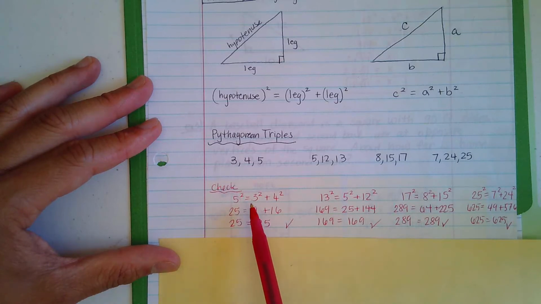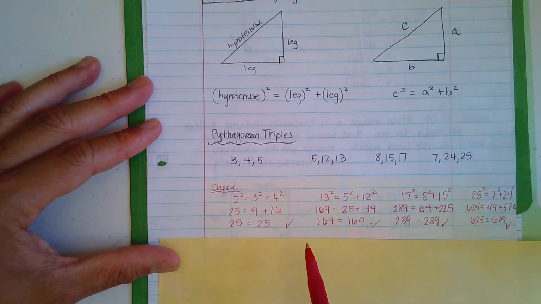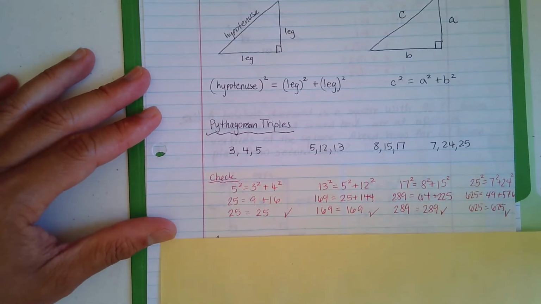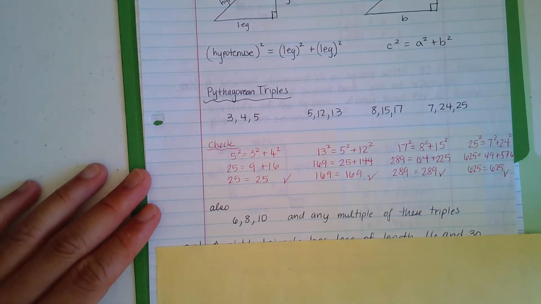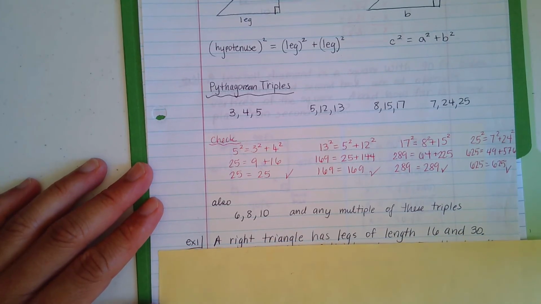So 5 squared equals 3 squared plus 4 squared, 25 equals 25. 17 squared equals 8 squared plus 15 squared, 289 equals 289. That's why it's important to identify the longest side so you know what to use for your hypotenuse. 6, 8, 10, and any multiples of these triples are considered Pythagorean triples.